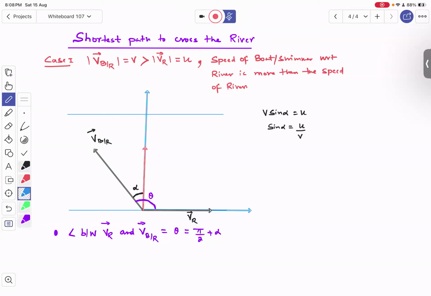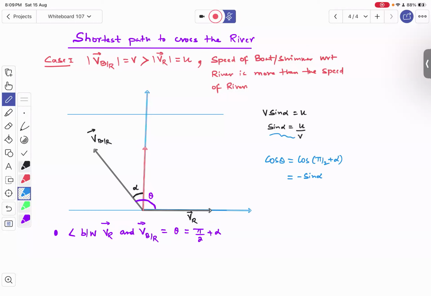Then I'll use some simple trigonometry. I'll be reporting that angle in terms of cos. So cos theta, if I ask you to figure it out, how much will it be? Cos of pi by 2 plus alpha will be minus sine alpha. If you don't know why, take my word for it. Very soon it will be told in trigonometry. So minus sine alpha. And what is sine alpha?